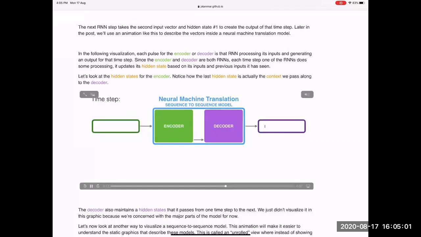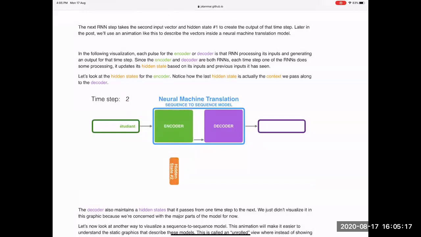Once you show your input one by one, first input goes in and you get a hidden state, then the second input and the hidden state, and you get the final output, and the output is nothing but a hidden state.